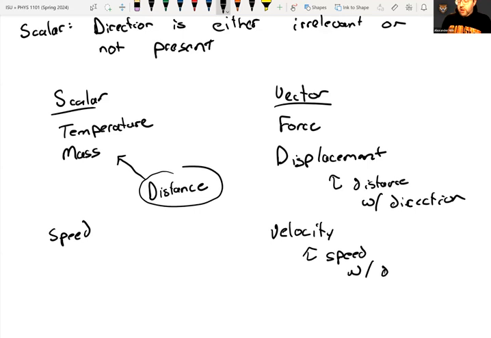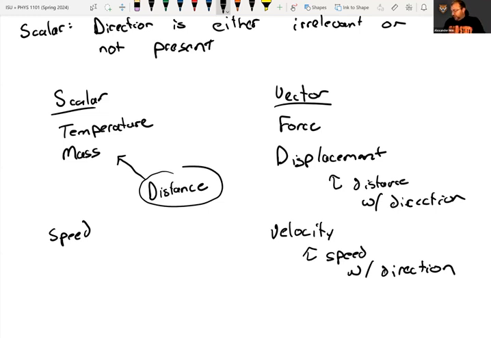A lot of times velocity and speed are used kind of interchangeably. They're not interchangeable in physics. It's important to know if you care about direction or not, because that will affect how the problem goes.